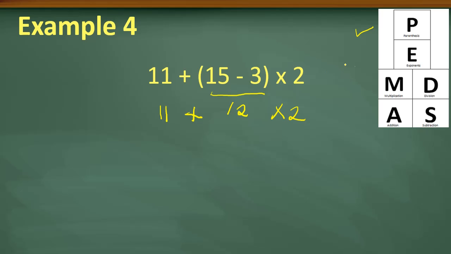Okay, do we have numbers with exponents? None. Let us go now to the third step, multiplication and division. Do we have multiplication and division? Yes, we have multiplication. 12 times 2. 12 times 2 is equals to 24.